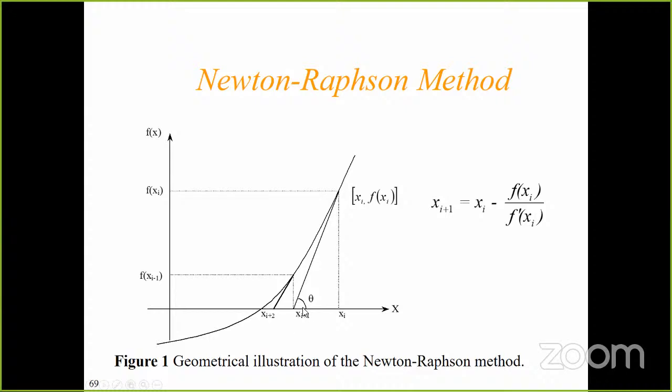That is the new value. Using this xi plus 1, xi plus 2 can be estimated in such a way. Xi plus 2 is equal to xi plus 1 minus the value of the function at xi plus 1 over the derivative of the function at xi plus 1. Then you will get the new value xi plus 2.